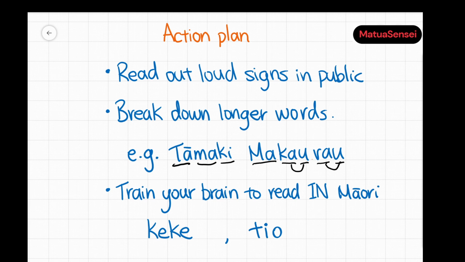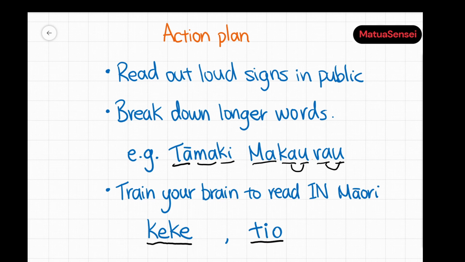And lastly, train your brain to read in Māori. This is difficult, especially if you haven't learned any other language than English. For example, in my course, a lot of the students read this word as kiki, because in their brain, they registered these as E. Hence why they're trying to say kiki instead of the actual vowels in Te Reo Māori, which never change, keke.